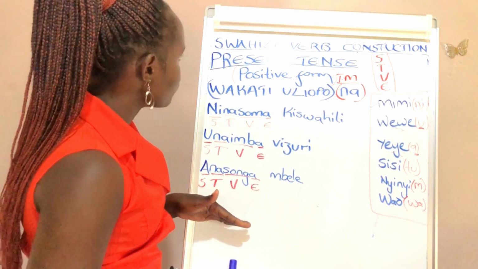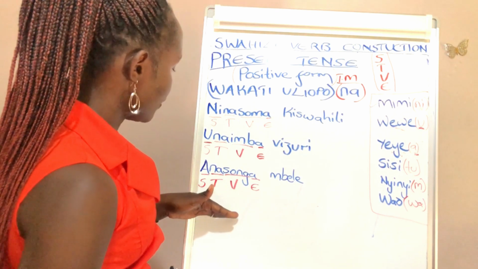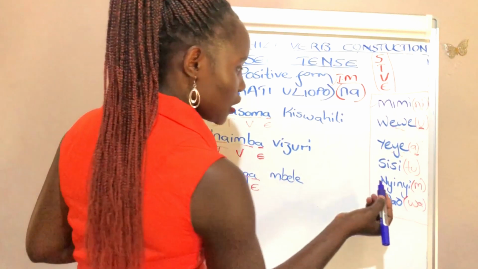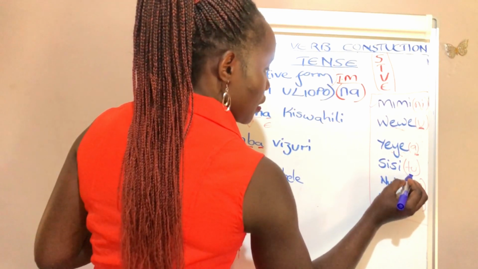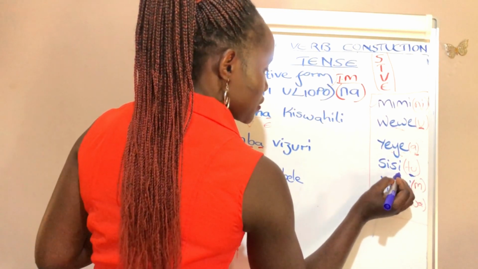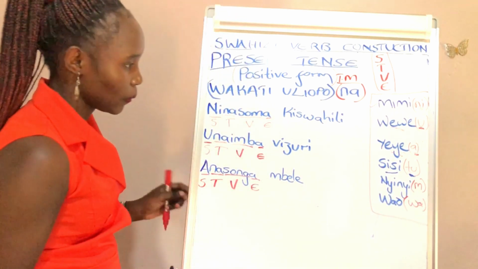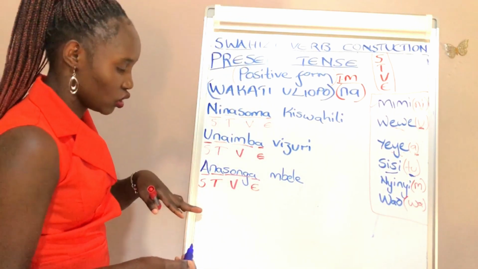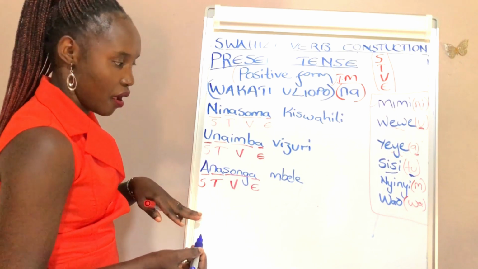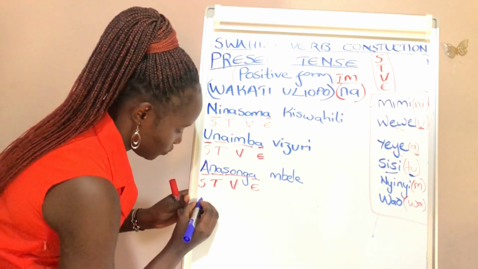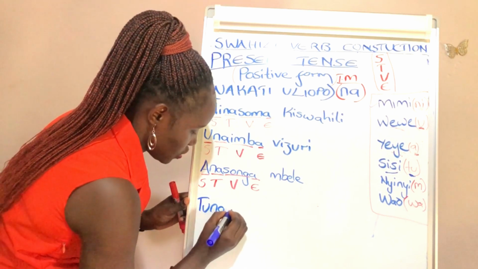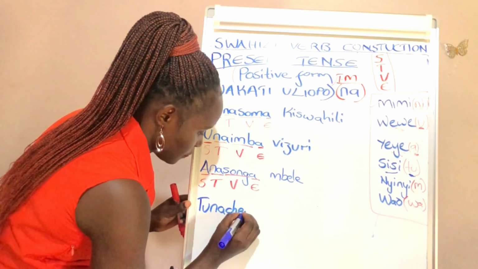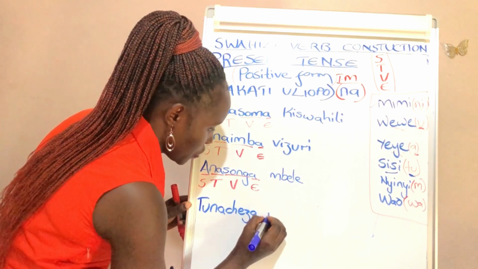And then our next verb was cheza. So let's use tu, subject prefix to represent personal pronoun sisi. So we can say tunacheza mpira. Tunacheza mpira.